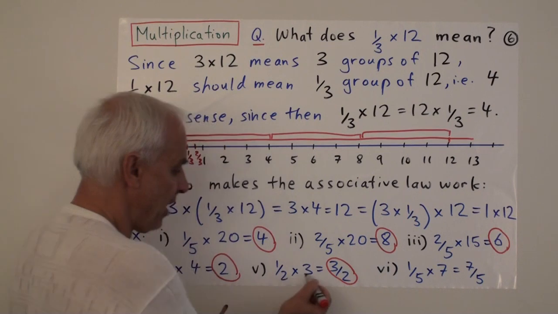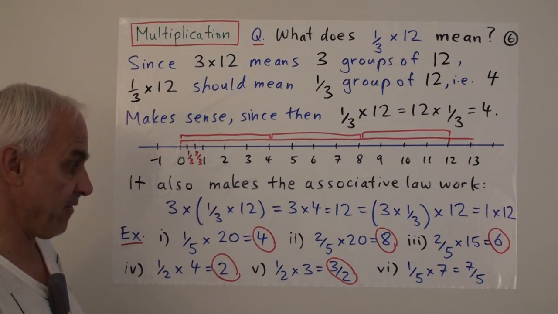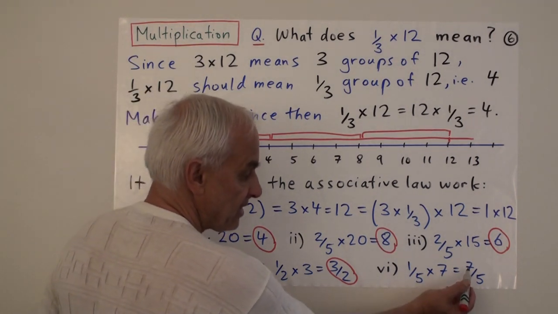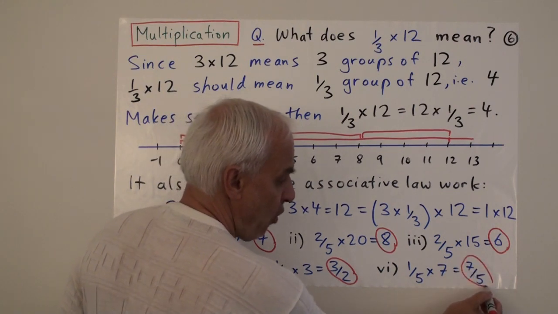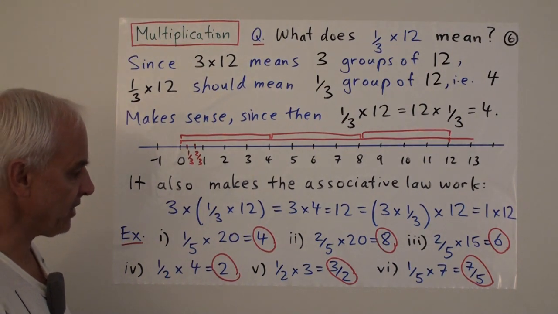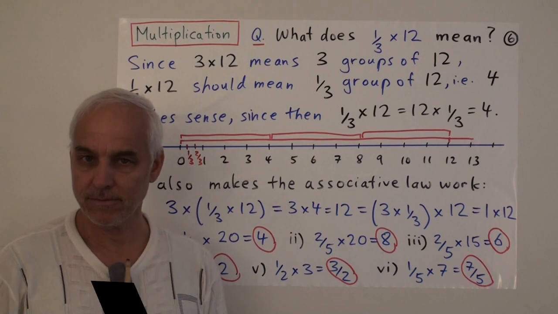So the result of multiplying a fraction by a number can be another fraction. Here's another example. 1/5 times 7 is 7 divided by 5, or 7/5, or 7 over 5. Alright, so that's how we multiply a fraction times a number.